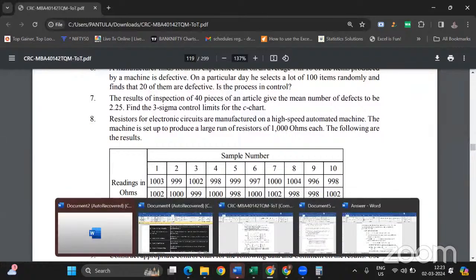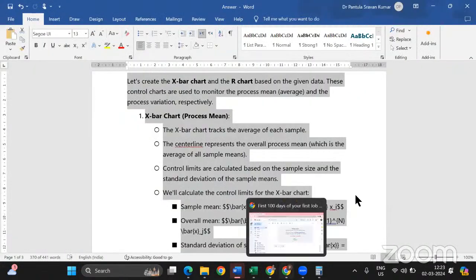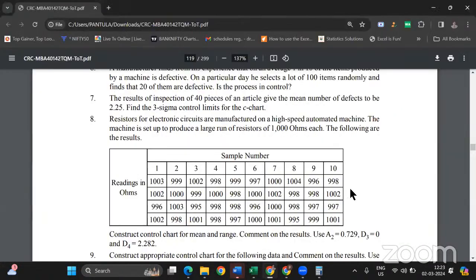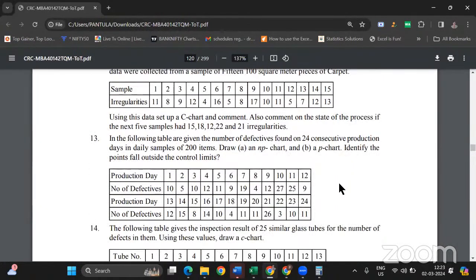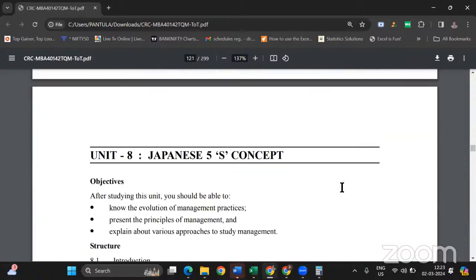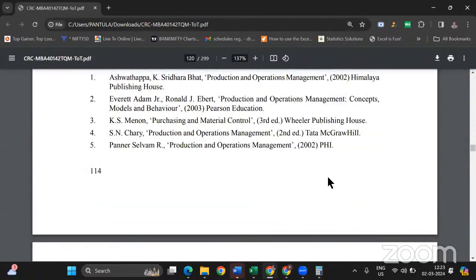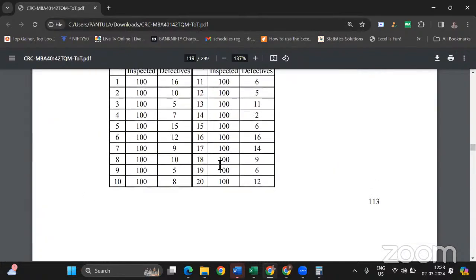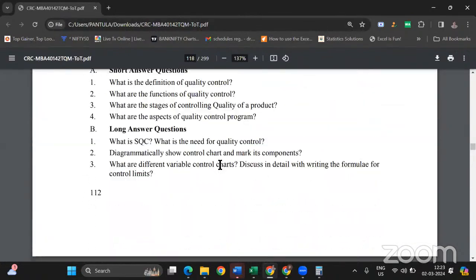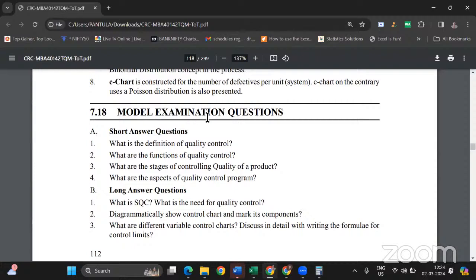Sir, excuse me, sir. Yes. Sir, do we get these kinds of questions in the exam? Of course, it's simple, right? You'll get one problem. You can see the suggested readings. At the end of each unit, they give model examination questions.